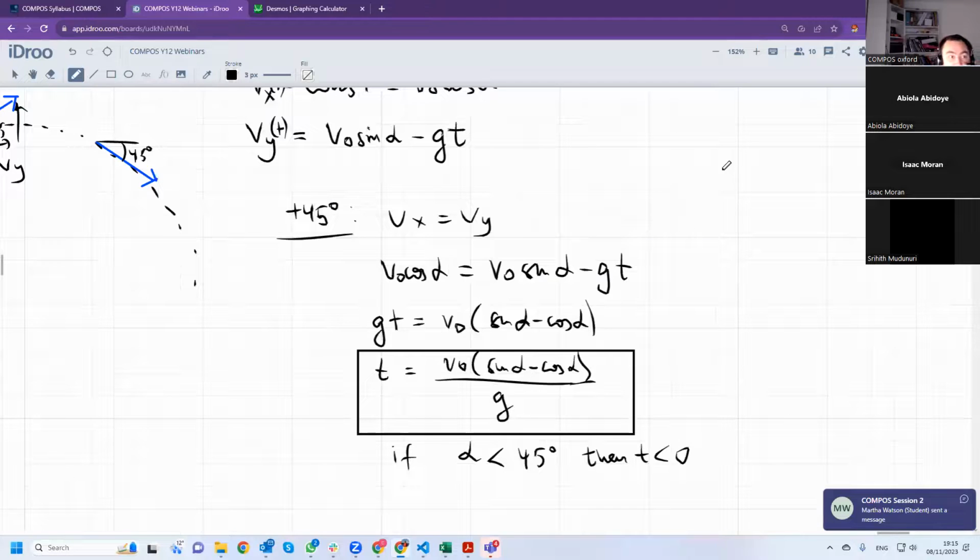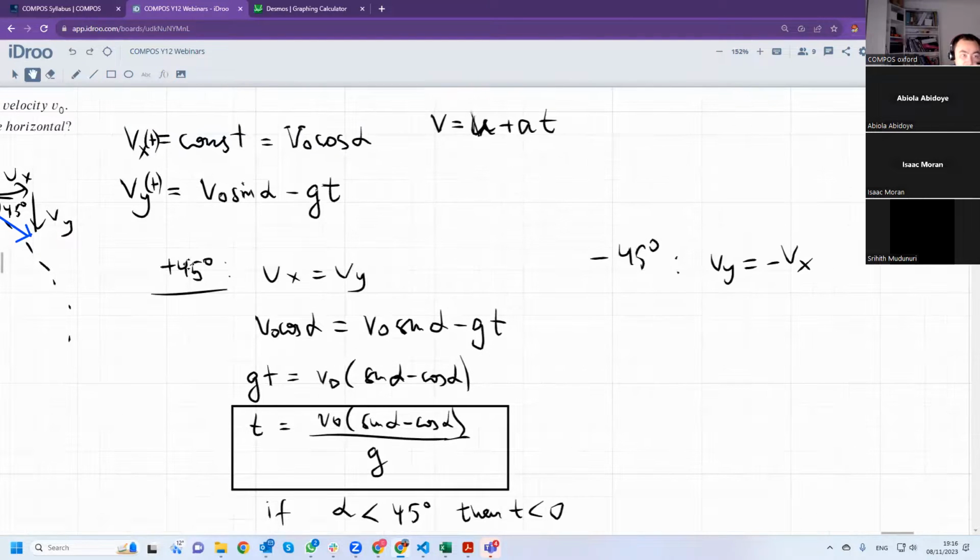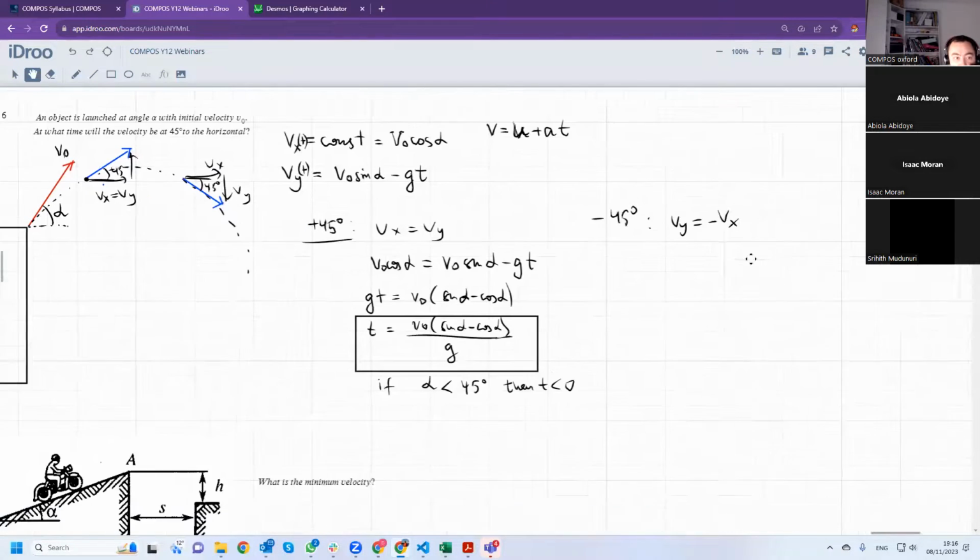And now minus 45 degrees. Now in this case, the horizontal velocity is Vx and the downwards velocity is Vy. So Vy is minus Vx. The components are equal, but one is down, one is up.